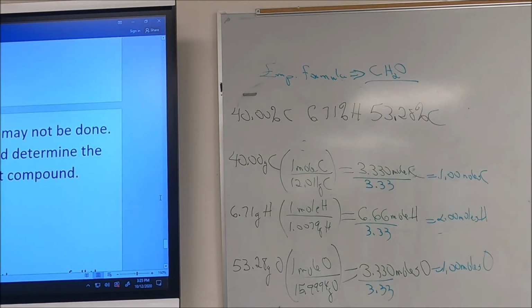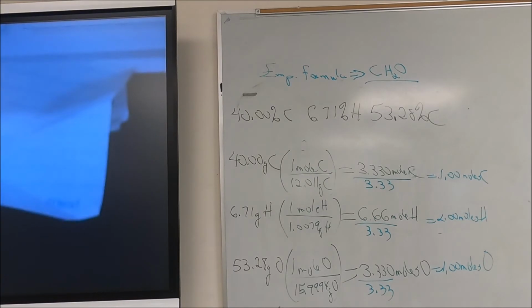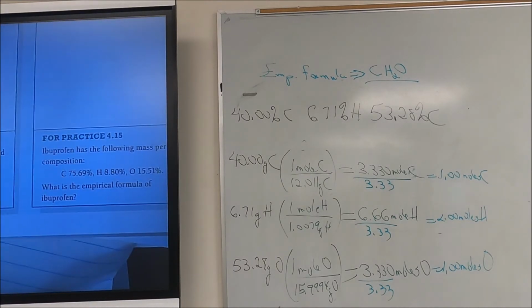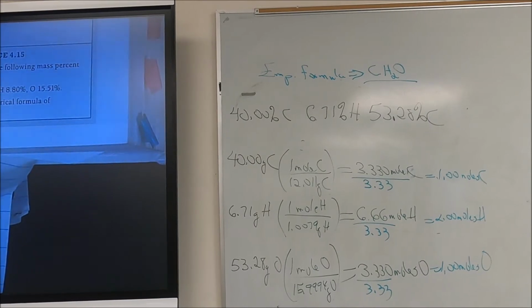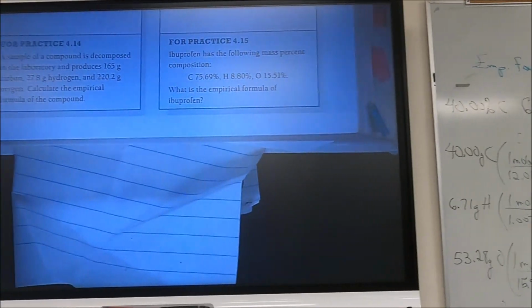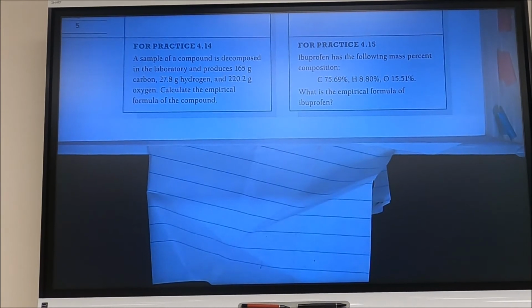Now we're going to look at problem 4.14 on page 187. It says a sample of compound is decomposed in the laboratory and it produces 165 grams of carbon, 27.8 grams of hydrogen, and 220.2 grams of oxygen.